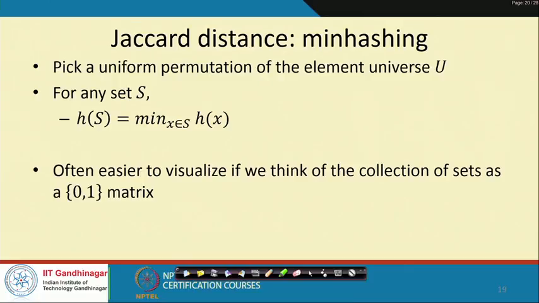So, the first distance or similarity measure that we want to consider is Jaccard.